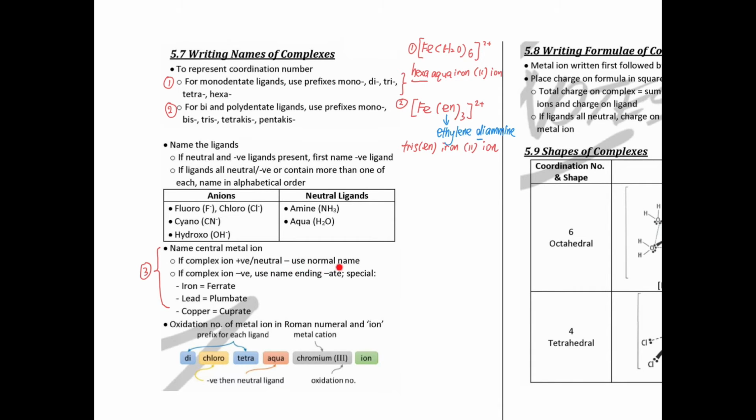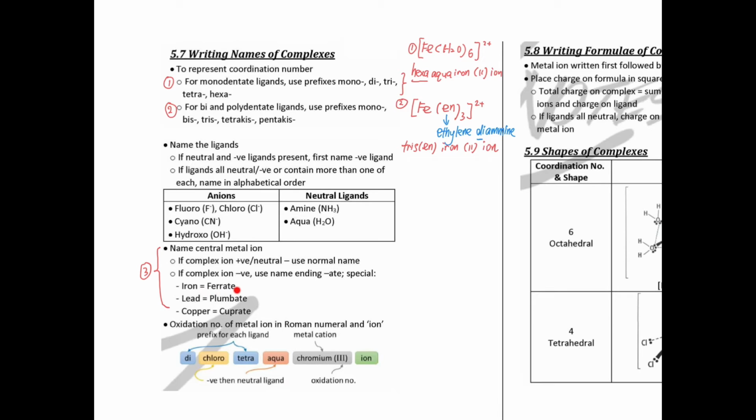Use name ending ATE. It's a special name here. So for iron, you have to use ferrate. I think this is the Latin way to call iron: ferrum. Fe is ferrum. Now you have to change ferrum to ferrate. Lead, Pb, stands for plumbum.